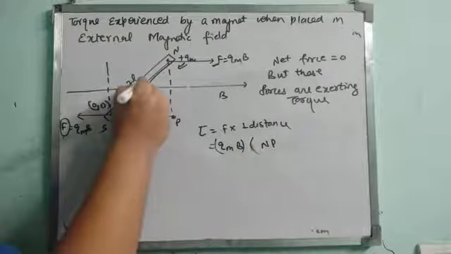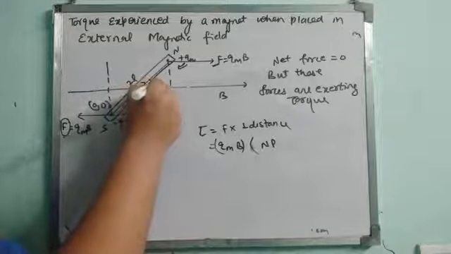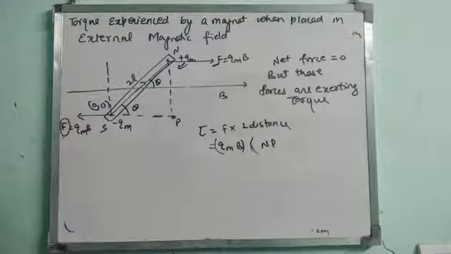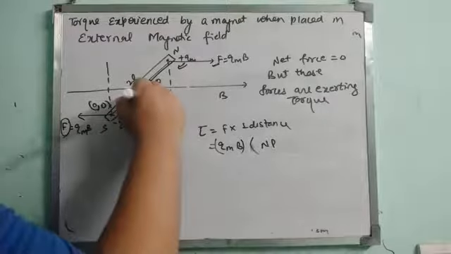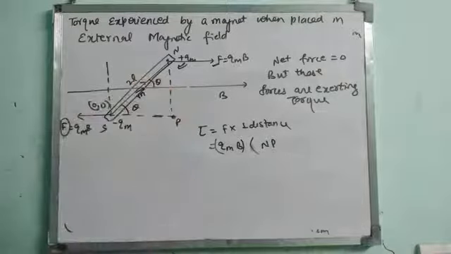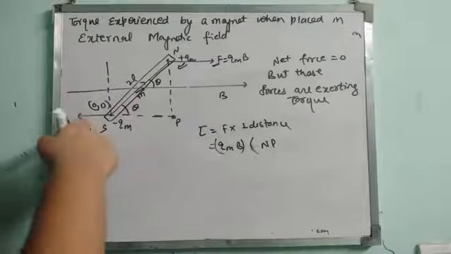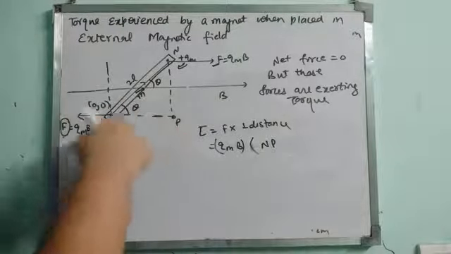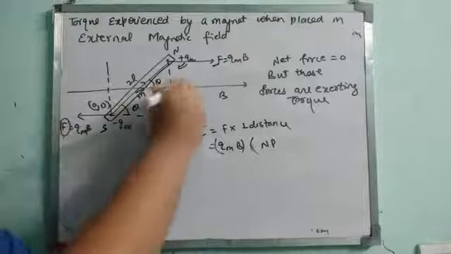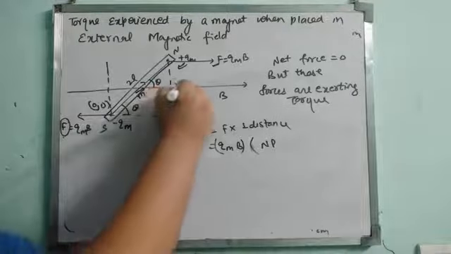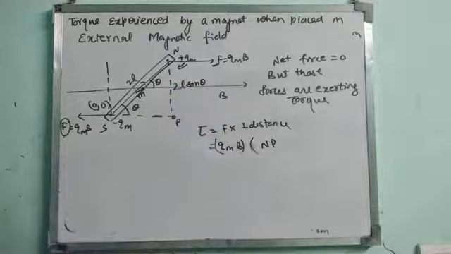If the angle between the magnetic moment and magnetic field is theta, where the magnetic moment is from the south pole to the north pole, then in this triangle SPN, this side will become 2L sin theta, by the property of sin theta.